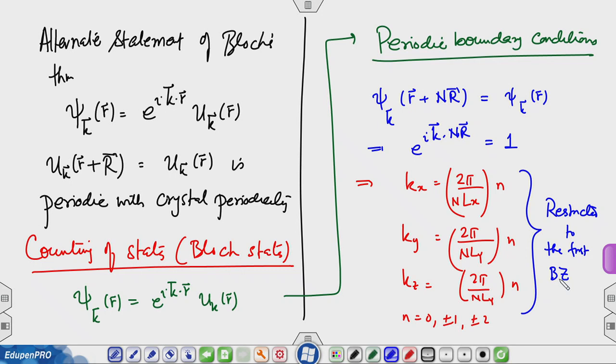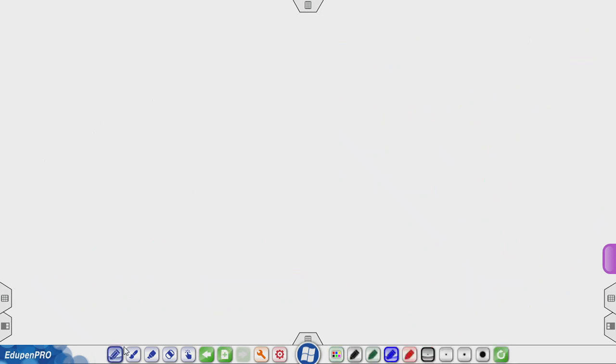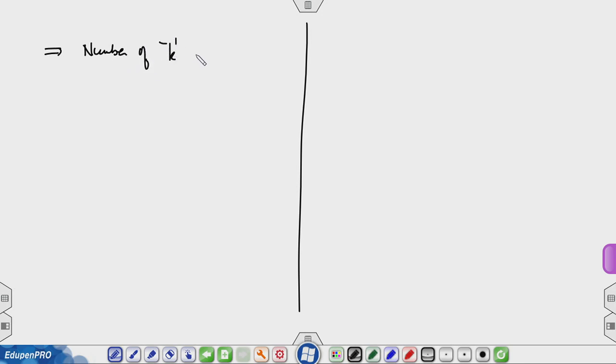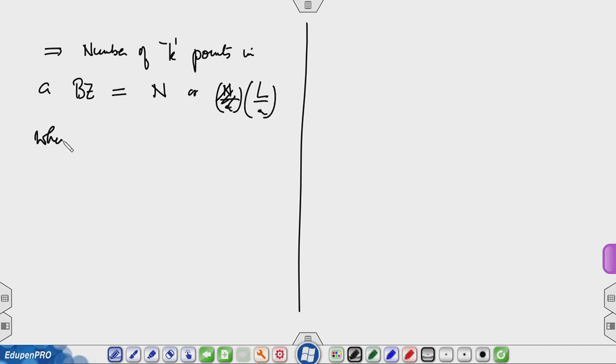The k's are defined exactly like free electrons, and therefore the number of k points in a BZ is exactly equal to N, or L by a, where N is equal to the number of cells over which periodic boundary conditions have been applied.